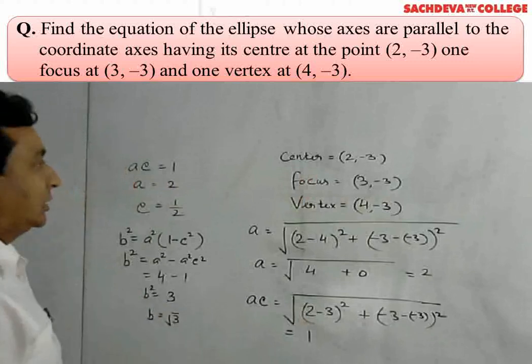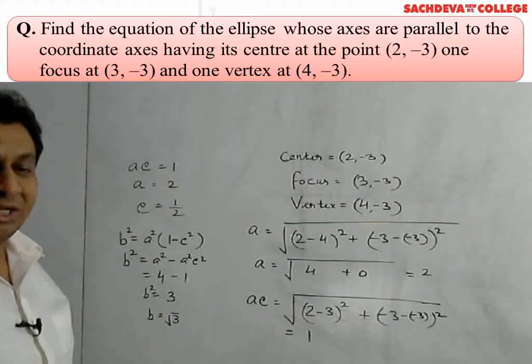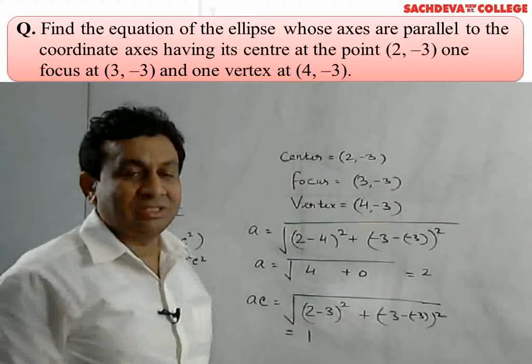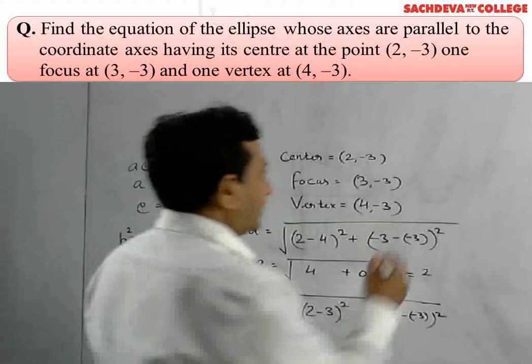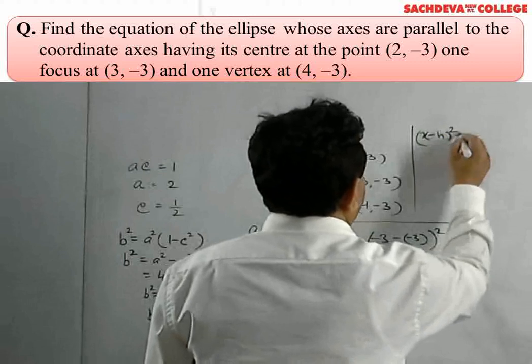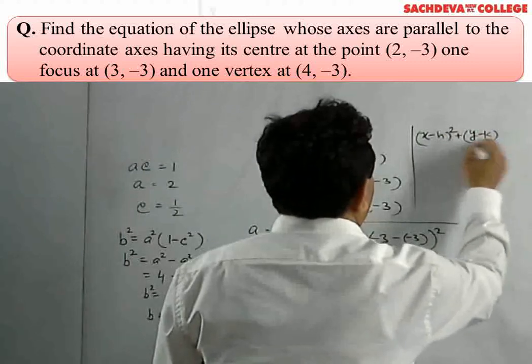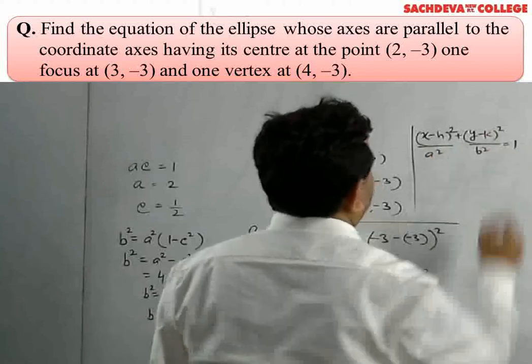We know that equation of ellipse whose center is h, k and length of major axis is 2a and length of minor axis is 2b is x minus h whole square upon a square plus y minus k whole square upon b square is equal to 1.